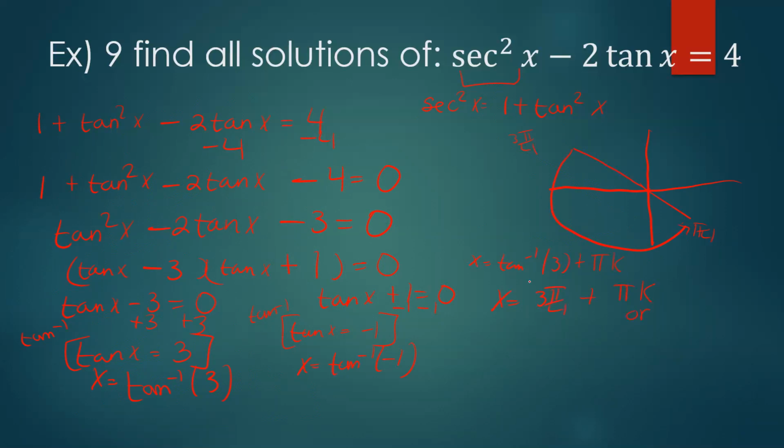Or you can say this is the same thing as, and this is what the book put, x equals negative pi over 4 plus pi k, because if you go negative 45 degrees or negative pi over 4, you would be here. So that's the same thing as here. And then plus pi k, if you move 180 counterclockwise or even the other way around, you still end up here. So that's why you can leave it like that.